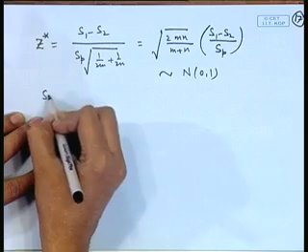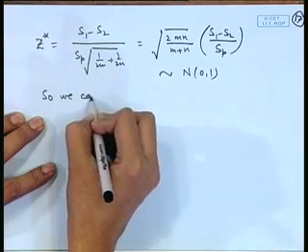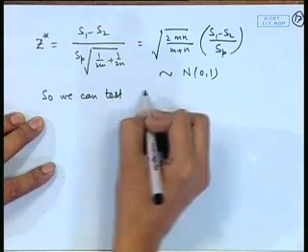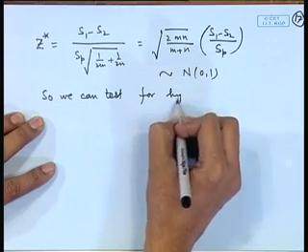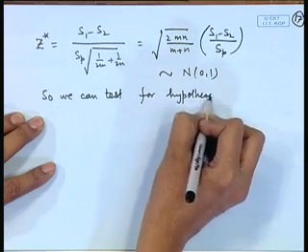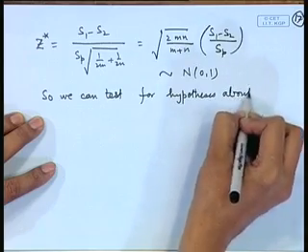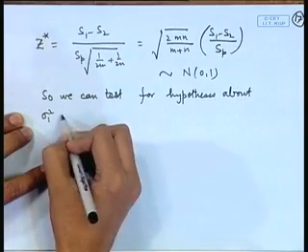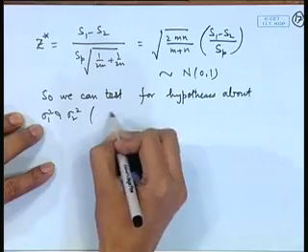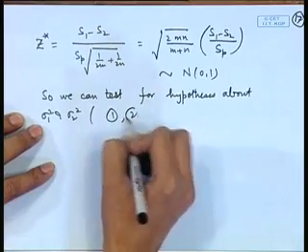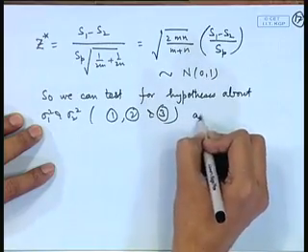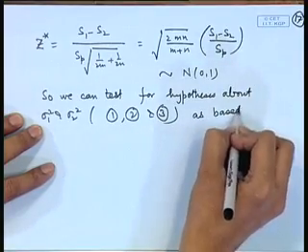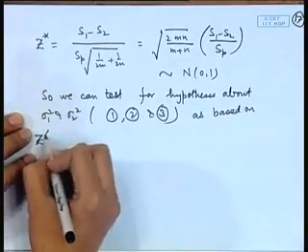So, we can test for hypotheses about sigma 1 square and sigma 2 square, that is 1, 2 and 3, which I described earlier, based on Z star.